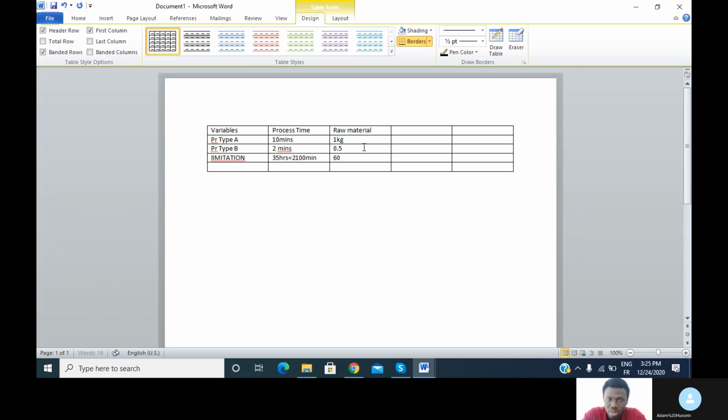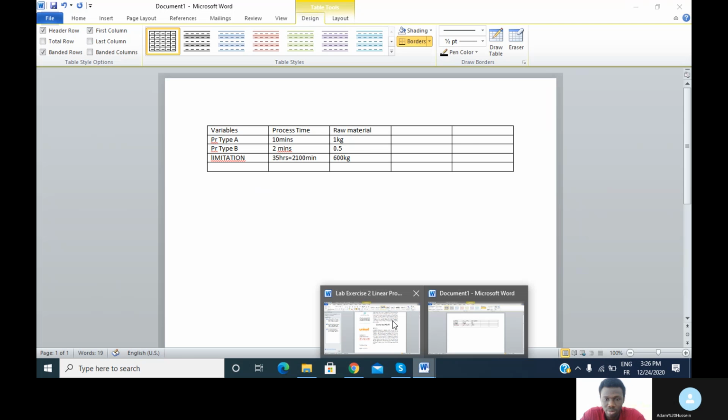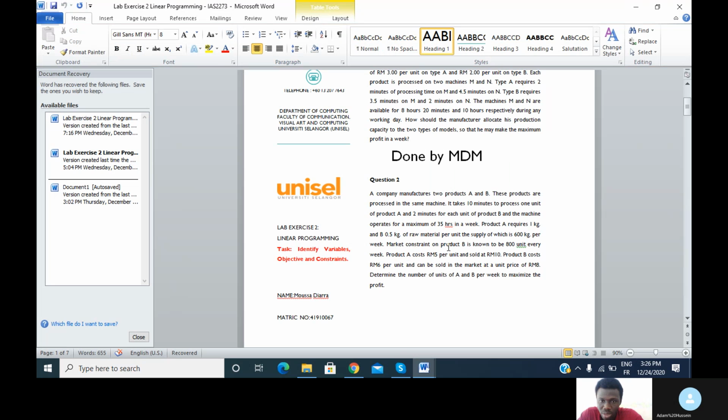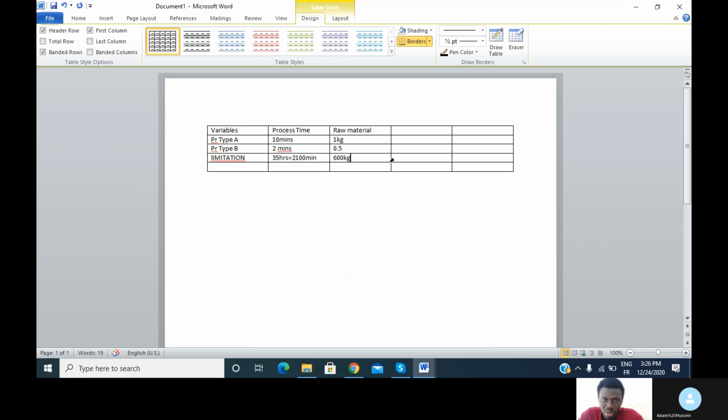So the limitation is 600 kg per week. And also they said a market constraint on product B is known to be 800 units every week. Here the limitation of product B is 800.